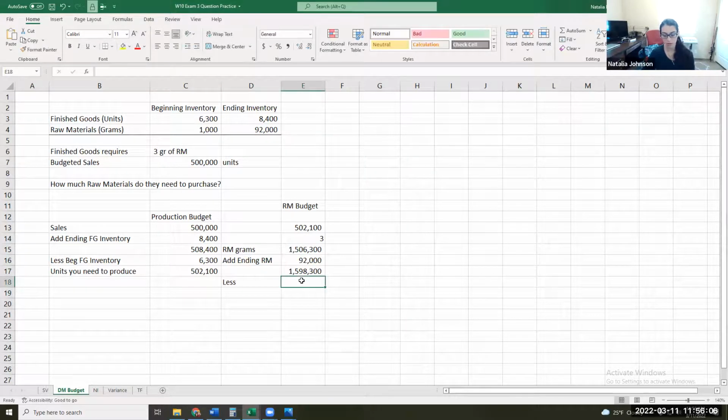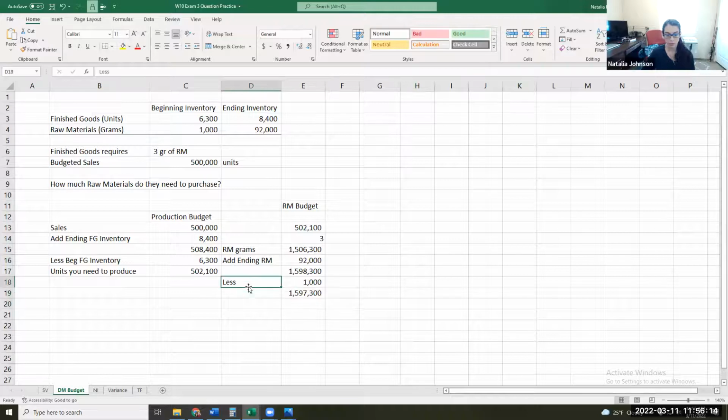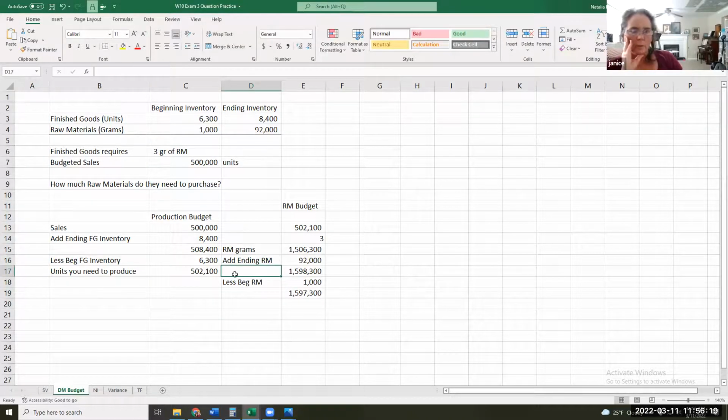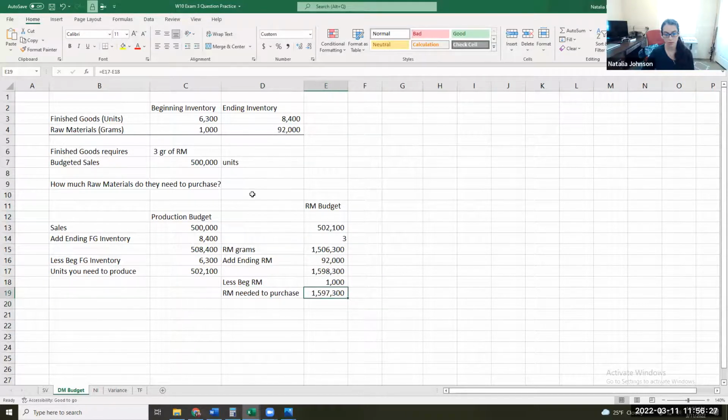Then we're going to subtract the beginning, 1,000 grams. And that gives us the raw materials needed to purchase. So that is the answer, 1,597,300.